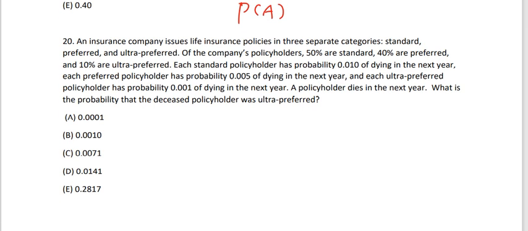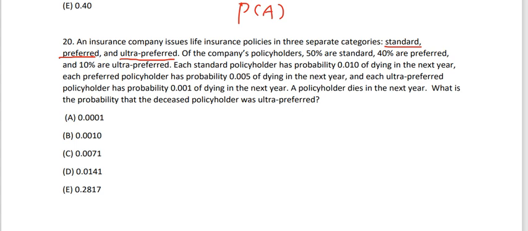Okay, so for problem 20, the insurance company insured life insurance policies in 3 categories: standard, preferred, and ultra. We have 3 parts.